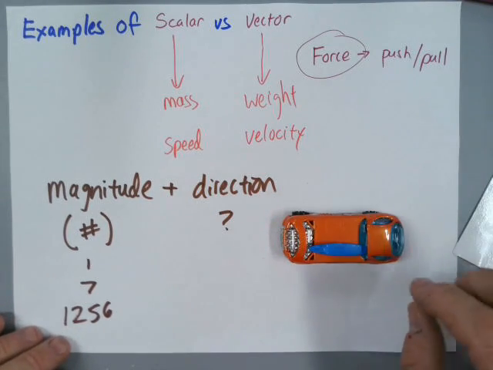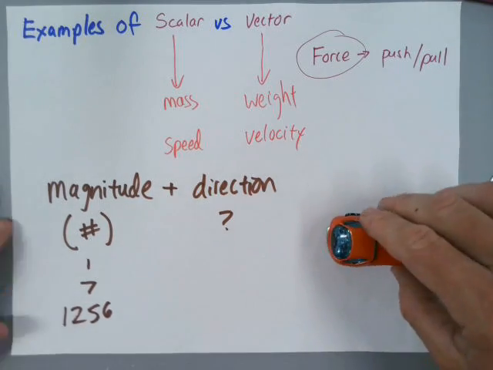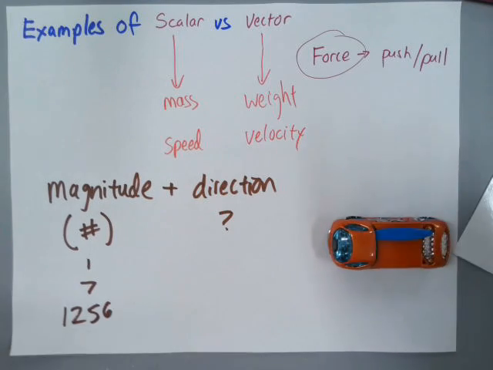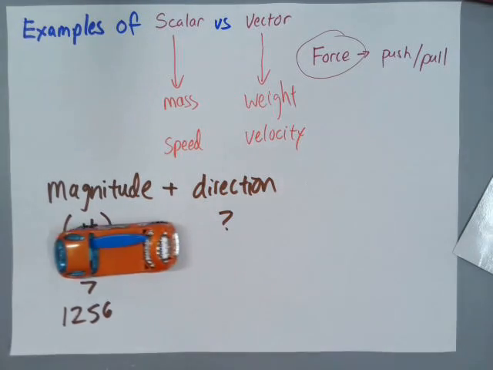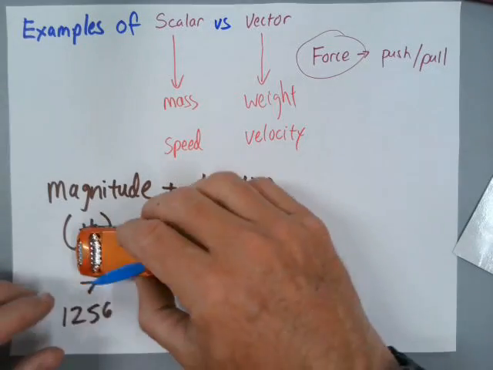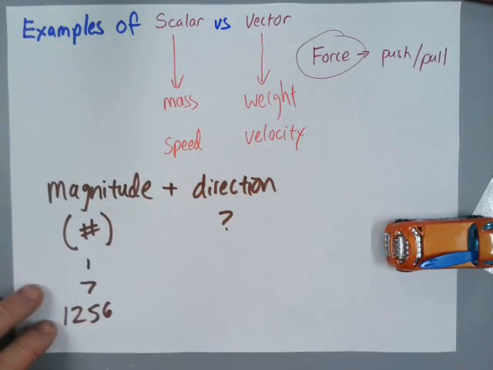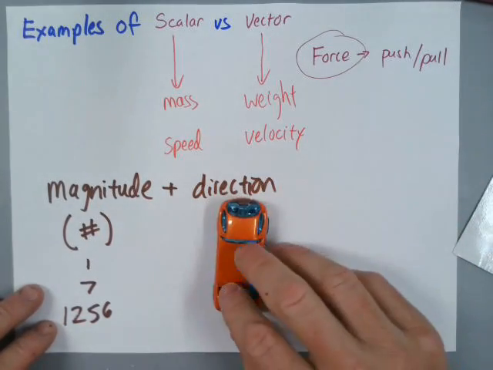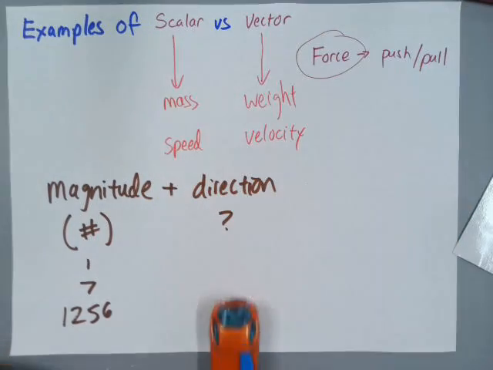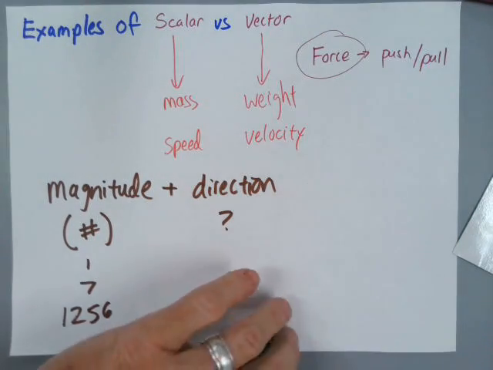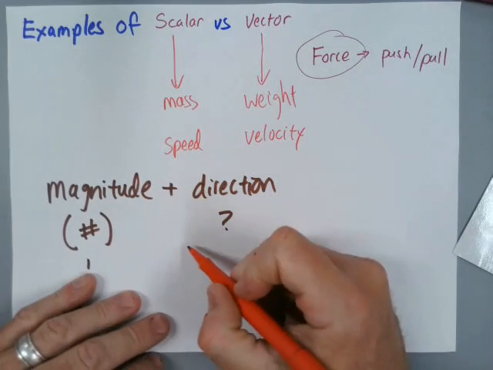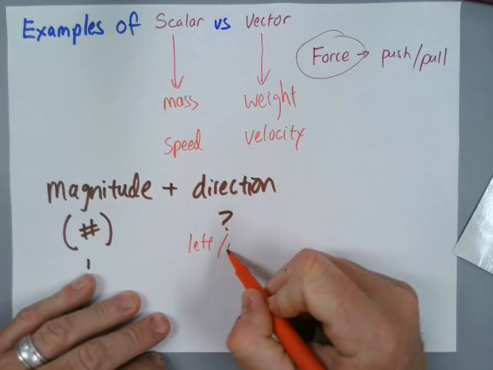So my toy car, I could describe its velocity as it's going 1 meter per second to the left, or 1 meter per second to the right. Say 1 meter per second up or 1 meter per second down. You can describe direction as left and right.